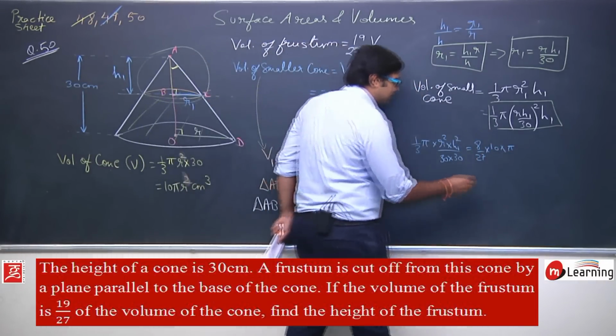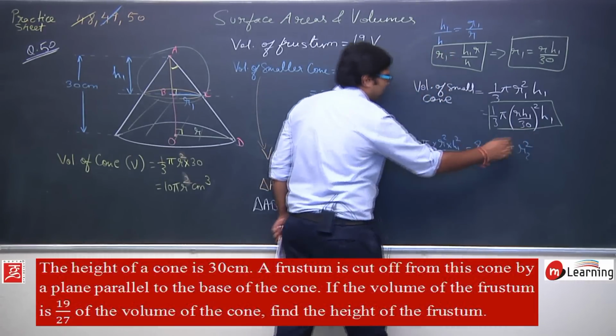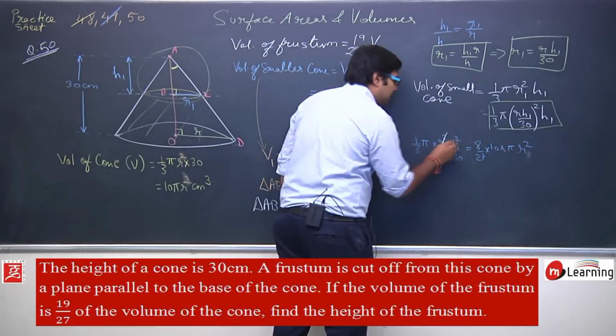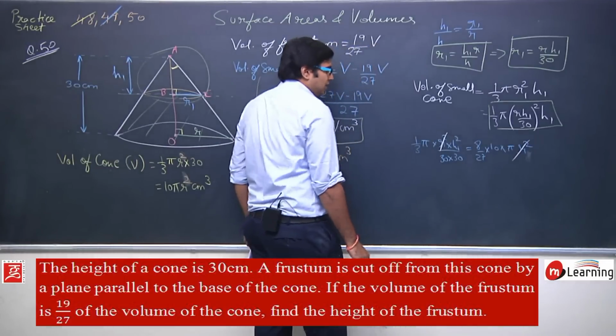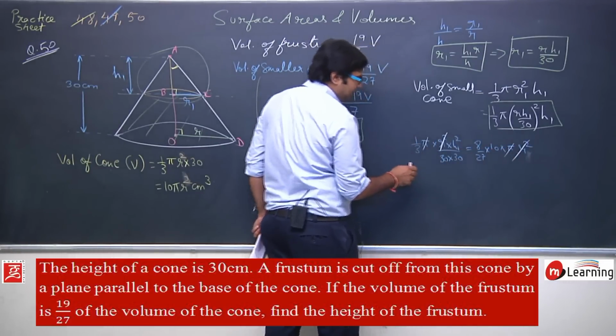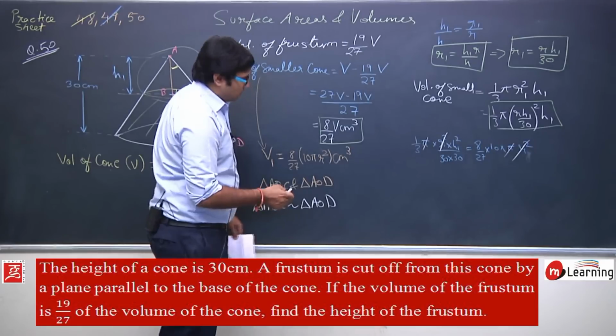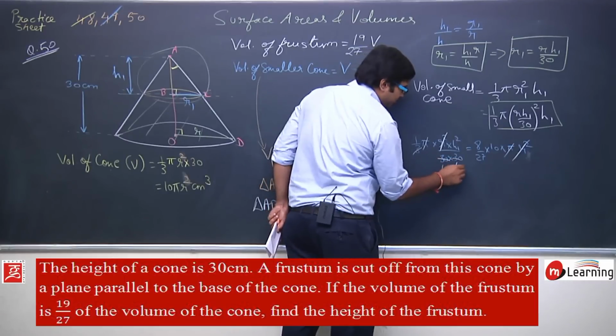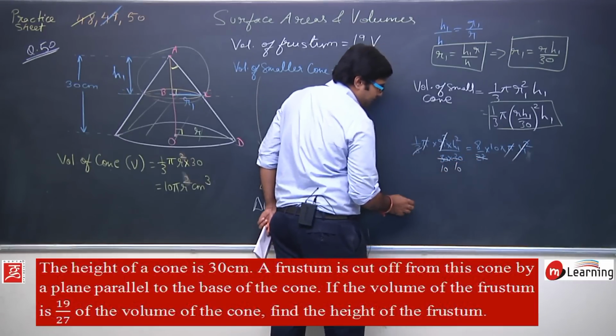So here also I will substitute R square, okay, not R2, it is R square. So I can cancel R square and R square, I can cancel pi and pi. Is there anything else to be cancelled? Yes, this 10, this is also 10 and this is 27, okay.